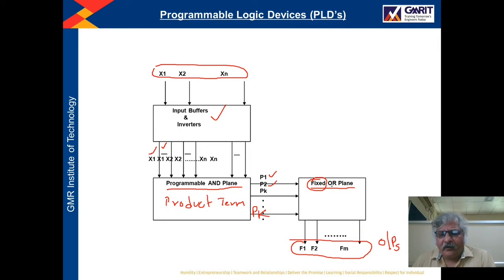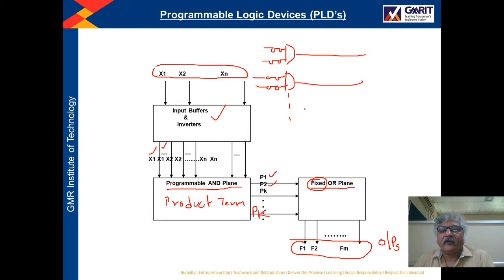Basically, what will happen in PLA, we have seen these types of AND planes which have the switches. And in the OR plane also these types of switches were available.